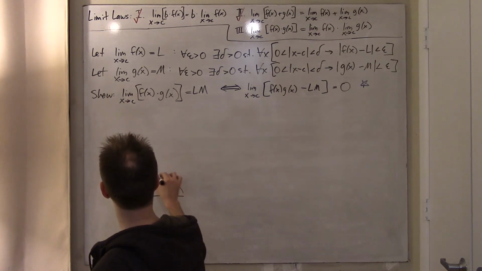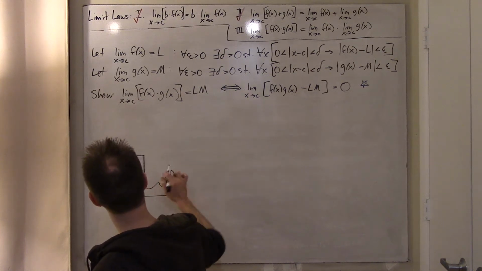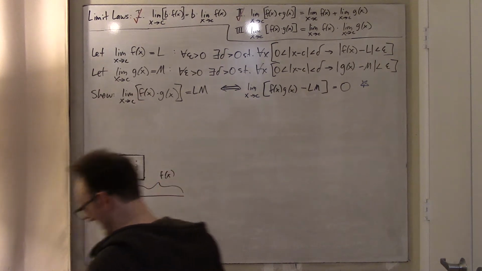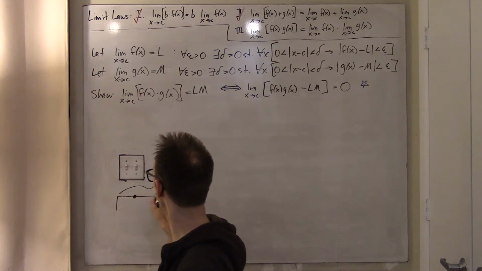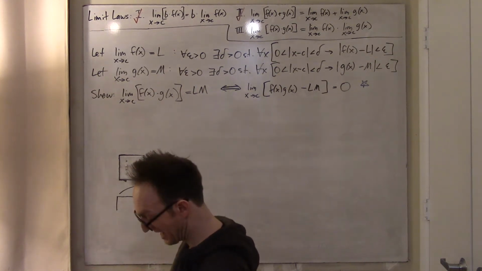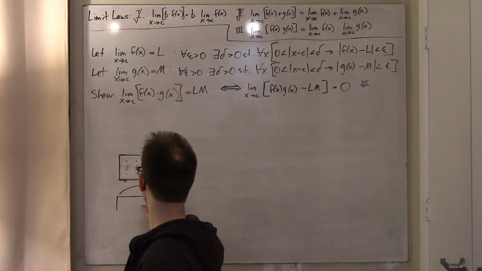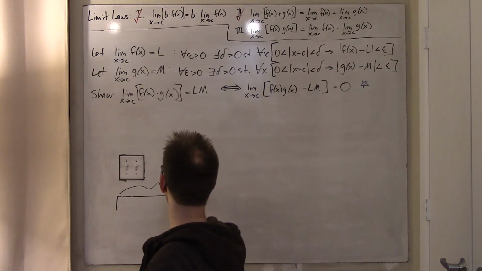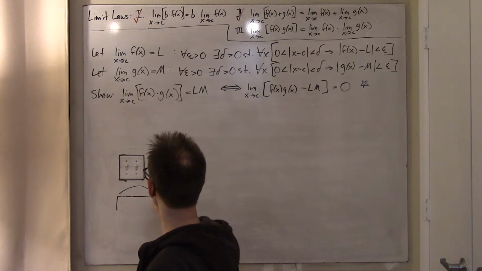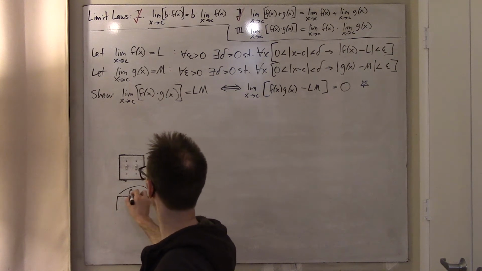So this is f. And if I get near c, then f is supposed to be pretty close to L. So let's let this over here be L. Actually, let's not stress ourselves out by trying to be in scale. So let this be L, and then that makes this little piece here f minus L.